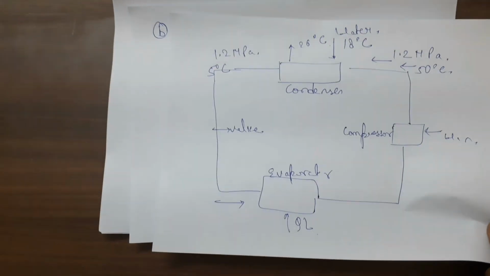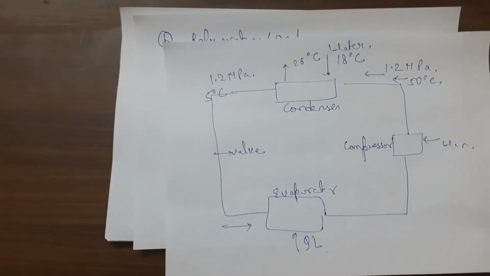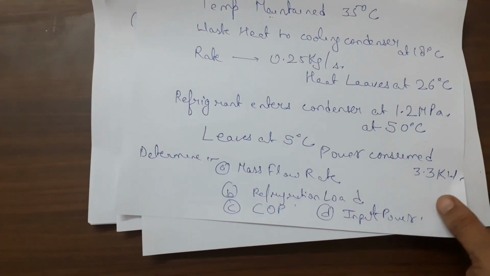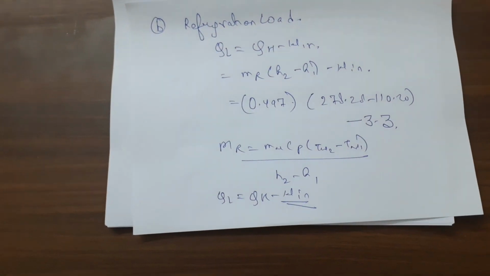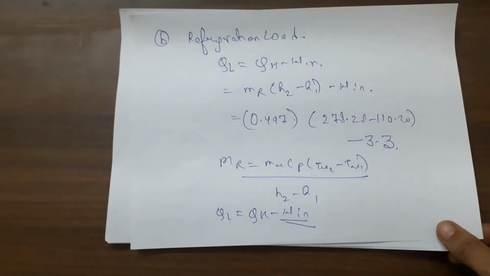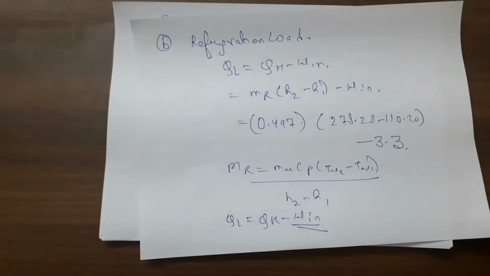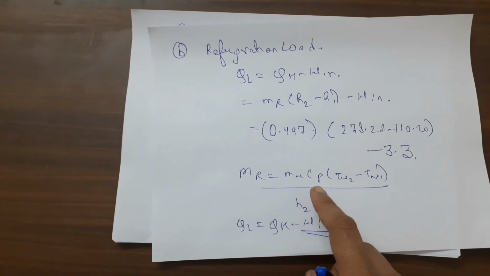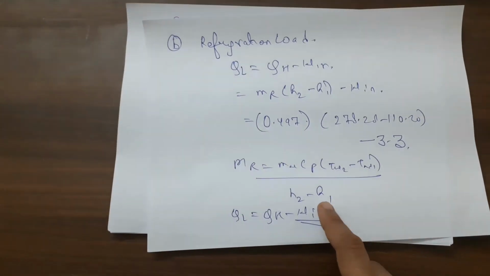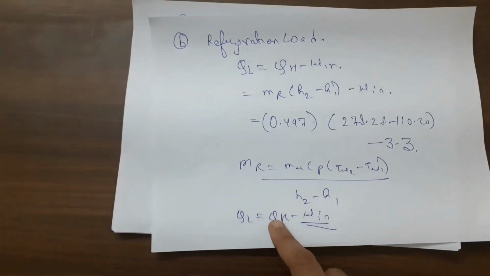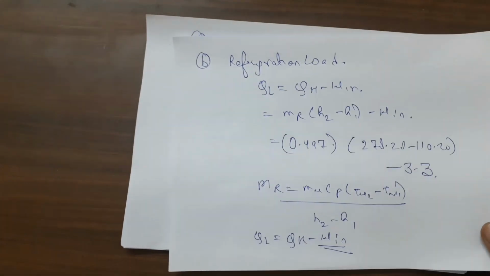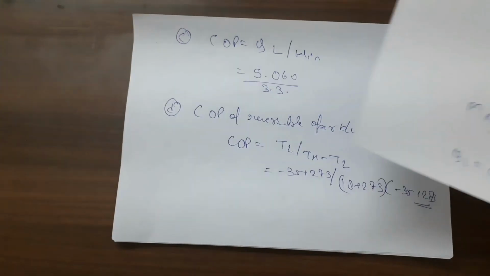From this figure we know that the power consumed was given as 3.3. Putting all the values here, we can easily get the value of QL. So this is the concept we use: MR equals MW CP (TW2 minus TW1) upon (H2 minus H1), and QL equals QH minus WIN. This same concept we use to find this second part.